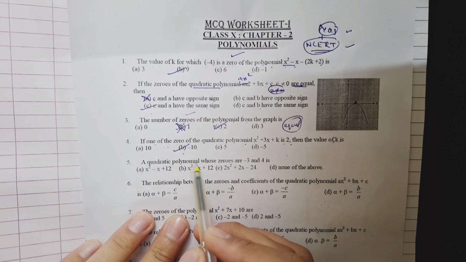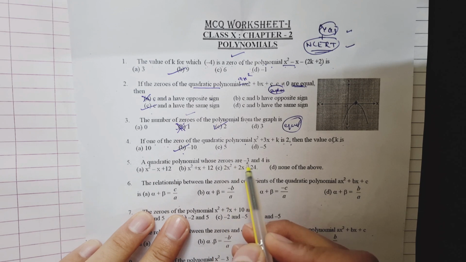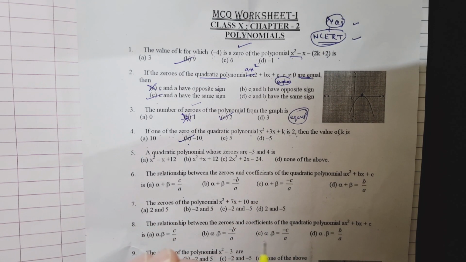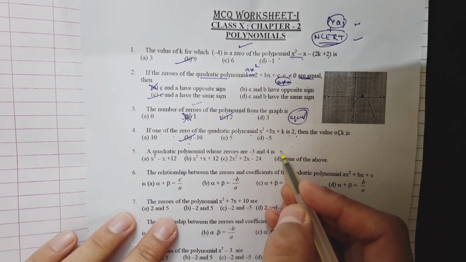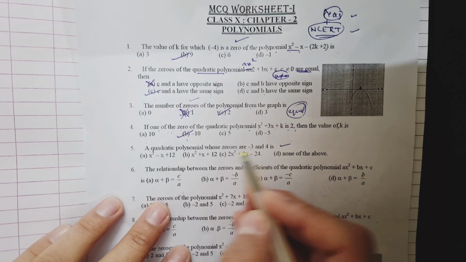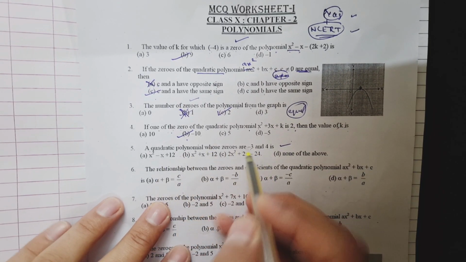A quadratic polynomial whose zeros are minus 3 and minus 4. Now there are many ways to solve a question, and here also you can see that there are many ways. How? You can check by putting these values whether these are zeros or not.